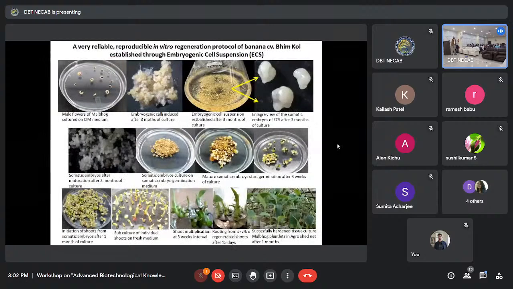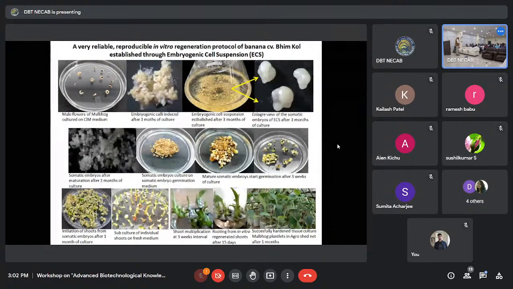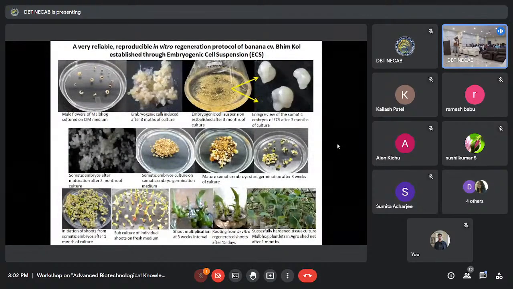Once you develop very good ECS, that is embryogenic cell suspension, then we need to mature them. Say for any embryo, how is a somatic embryo different from a zygotic embryo? How is an embryo developed in the seed?